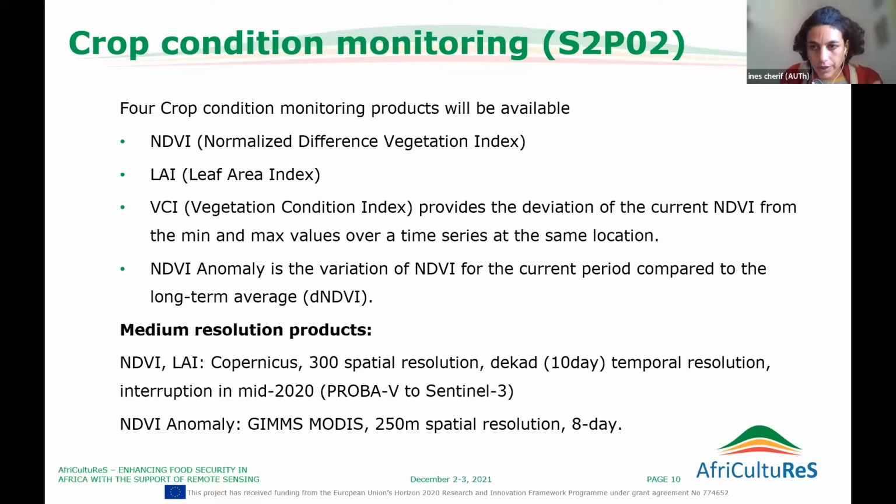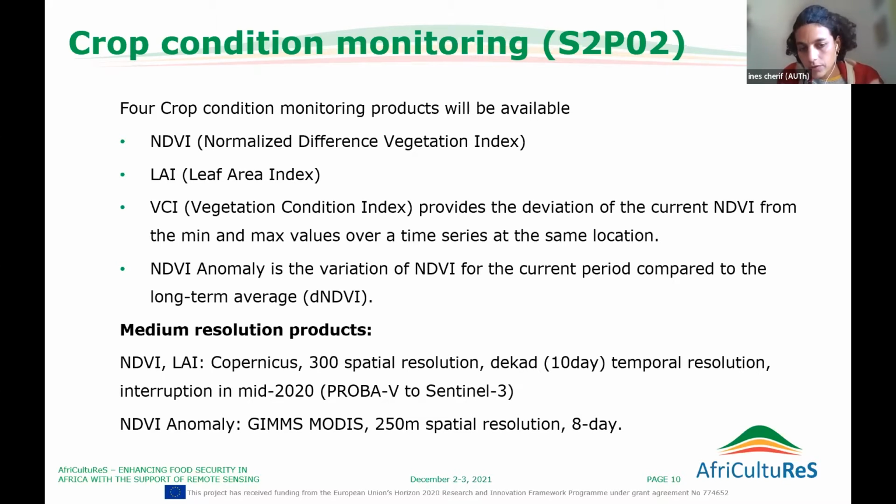Considering the crop condition monitoring, it involves 4 indicators, including the NDVI and the LAI, the leaf area index, which are used for monitoring the greenness of vegetation and the density of the canopy, while the vegetation condition index and the NDVI anomaly are indices based on the NDVI, comparing the actual NDVI measurements or estimates to long-term estimates of NDVI.